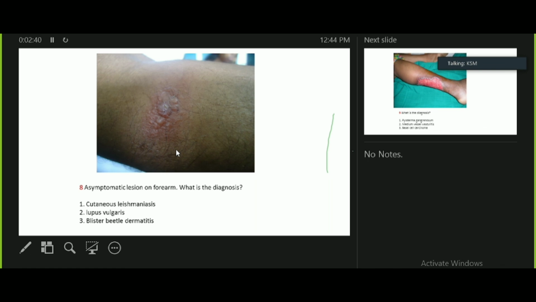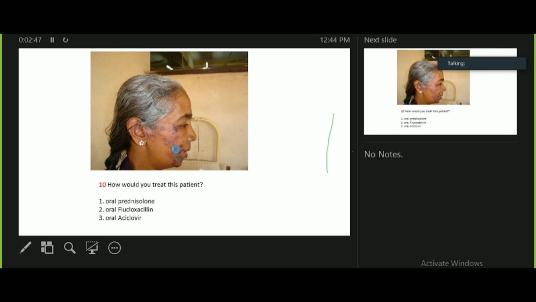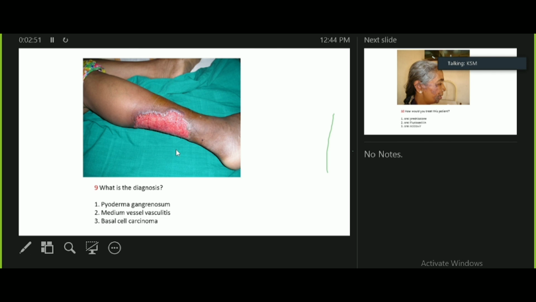So, cutaneous leishmaniasis. Number 9, pyoderma gangrenosum, ulcers with a violaceous border and undermined edges, commonly seen with inflammatory bowel diseases, autoimmune diseases like rheumatoid arthritis, and also some hematological malignancies.